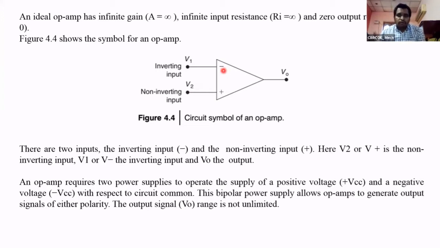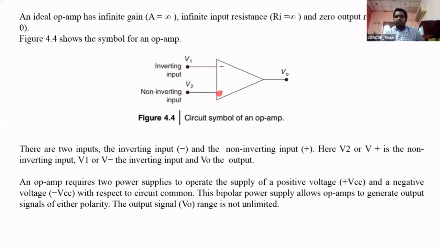If you ground one terminal, automatically the second one is also at ground state, nearly equal, meaning V plus equals V minus, V1 equals V2. So there is no need to ground V1. This is virtual ground, virtual short: the voltages at the positive and negative terminals are equal.